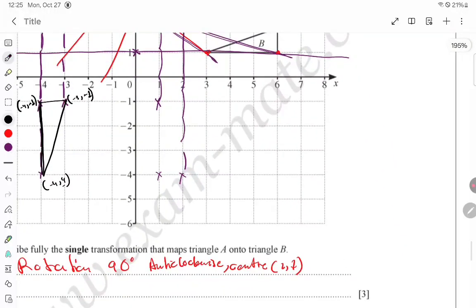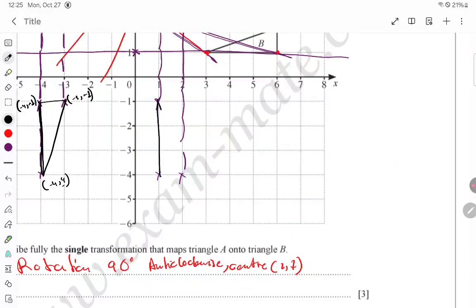Form the triangle. Mark the points. Positive of 1, negative of 1.